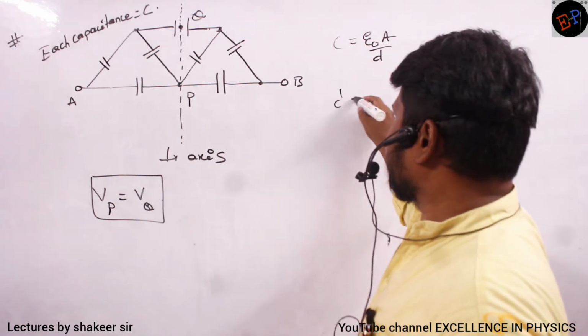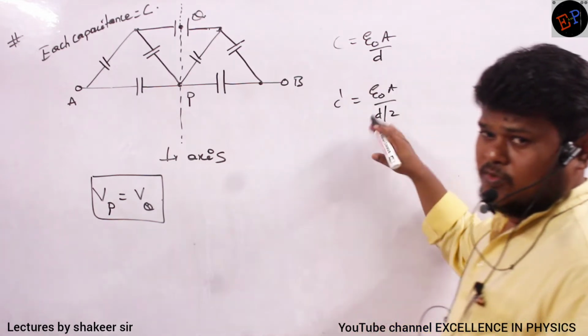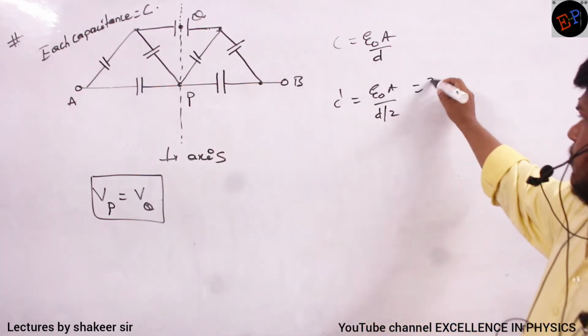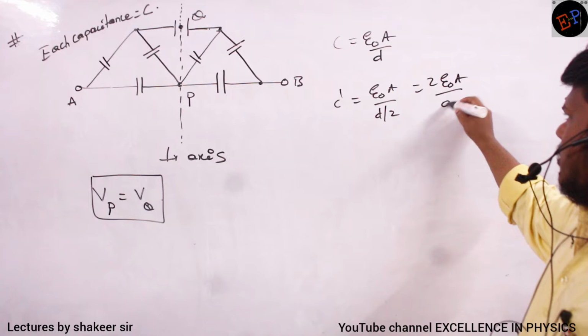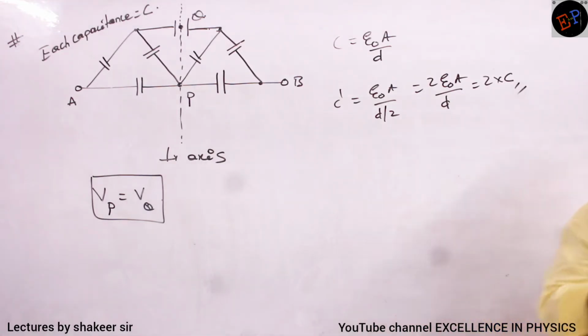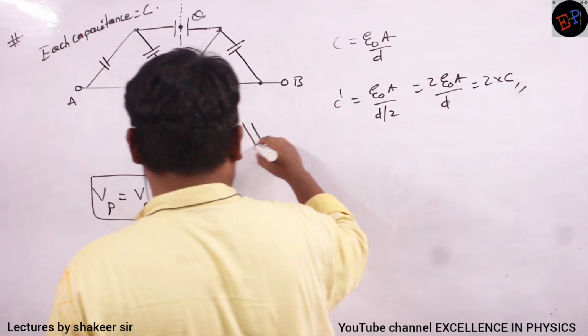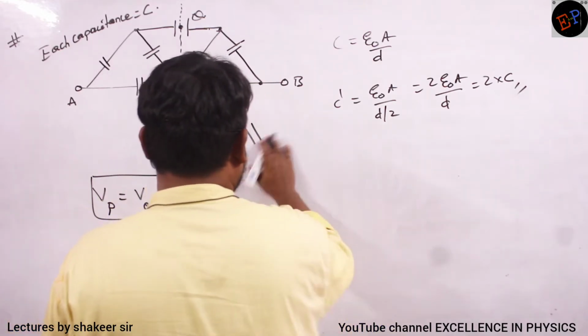If I make it epsilon naught A by d by 2, then what happens? The 2 goes to the numerator, no? So therefore it will become 2 epsilon naught A by d. It means it becomes 2C, no? Clear? So the capacitance becomes double.